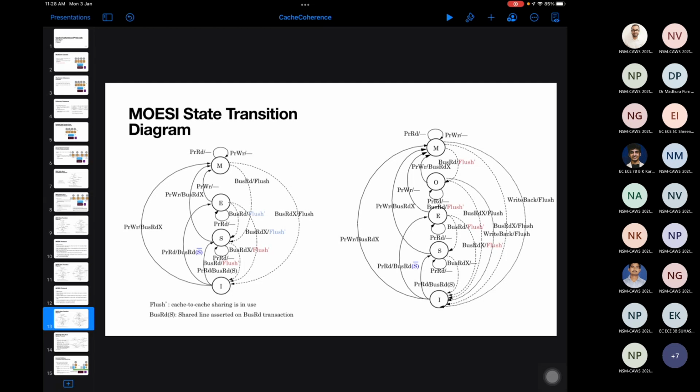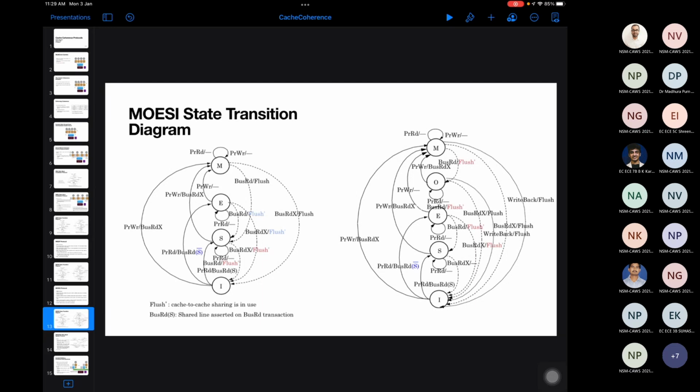That core is going to place a bus read transaction. Once I see the bus read transaction on the bus and I have a block in the M state, I'm going to change from M to O. You can see the top dotted arc from M to O. That means I'll keep the block in the O state, but I'm flushing the data so that core 1 is going to get the data.